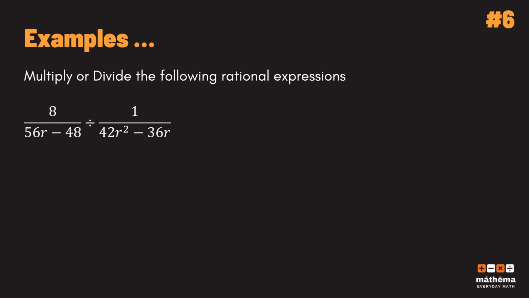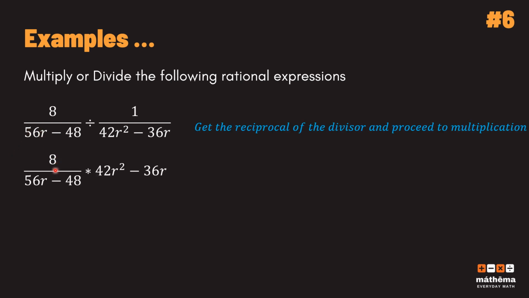So in this example, we first get the reciprocal of our divisor. So this will become 8 over 56r minus 48. The reciprocal of this one is just equal to 42r squared minus 36r over 1. So no need for us to write 1.